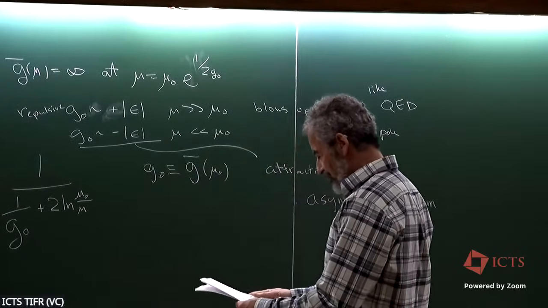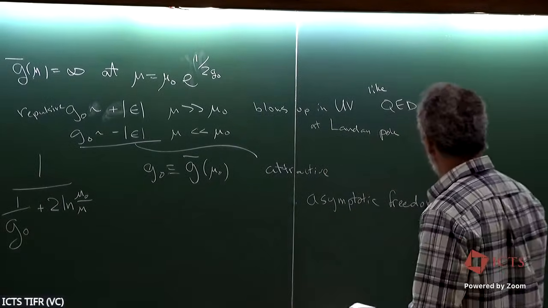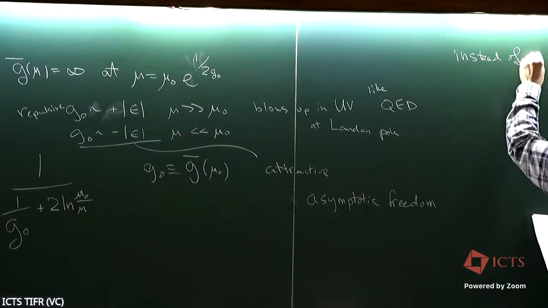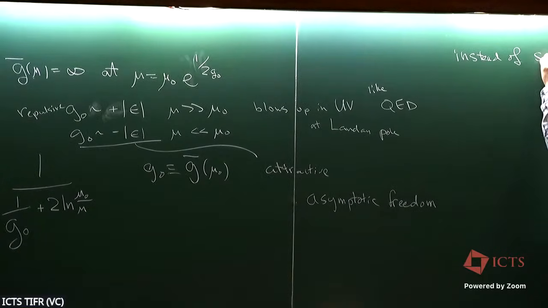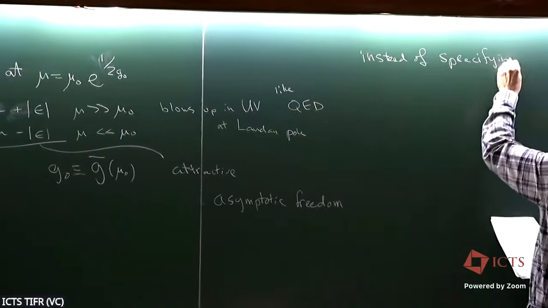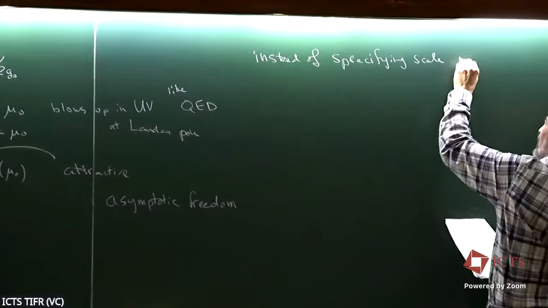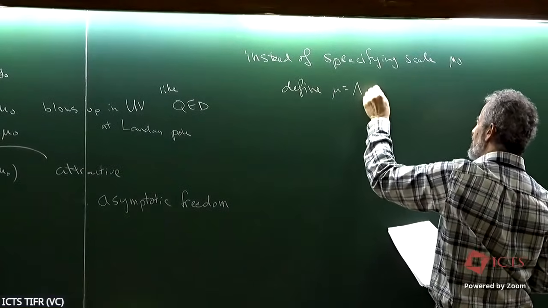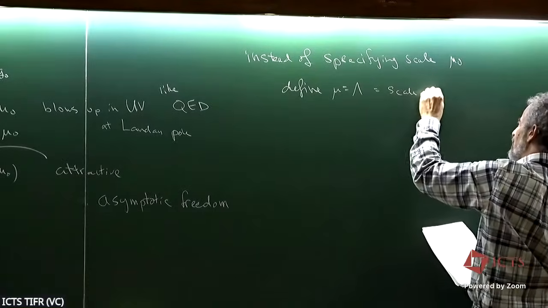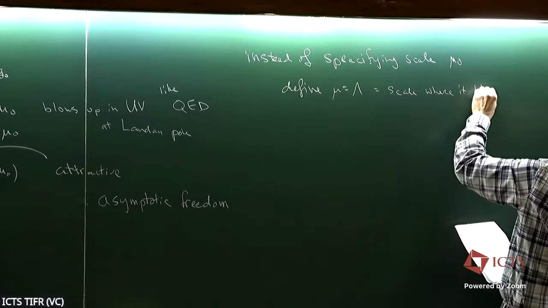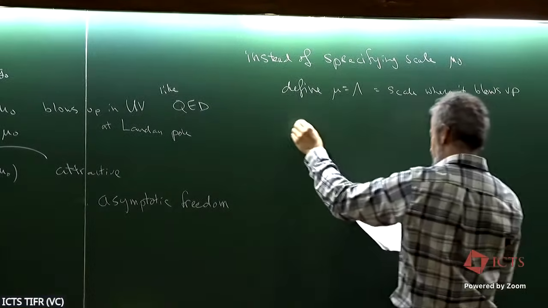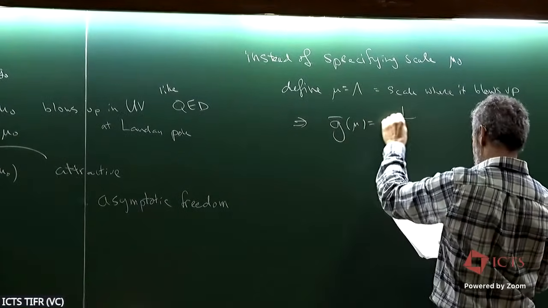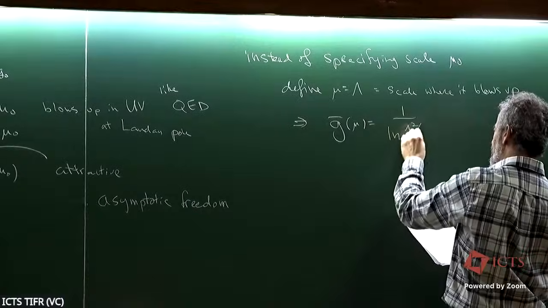So if you instead, scale, this arbitrary scale mu naught, define u equals lambda equals the scale where it blows up, then what you find is that g bar of mu is equal to 1 over log of lambda squared over mu squared.